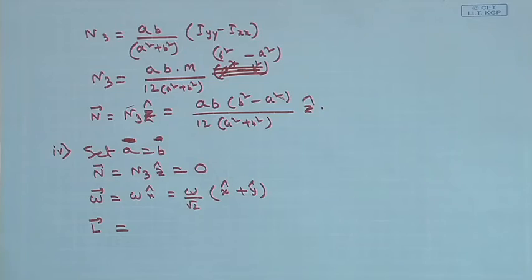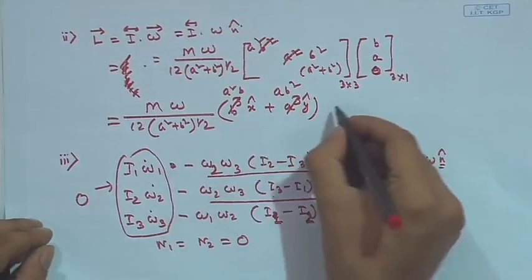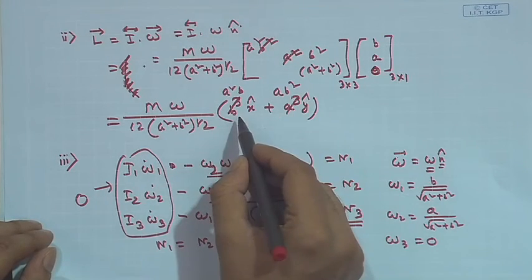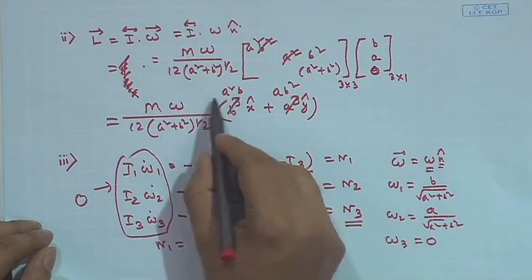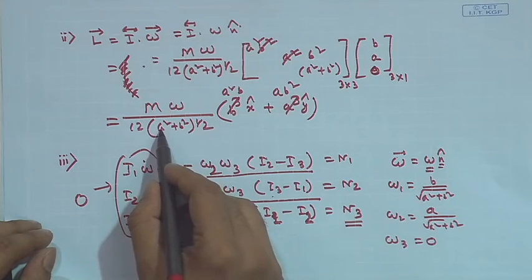Of course, we have an expression for L. So I will write out the final expression here. You set A equal to B, this will be A cubed and A cubed, so 2 A cubed, and this will be 2 A square to the power half.